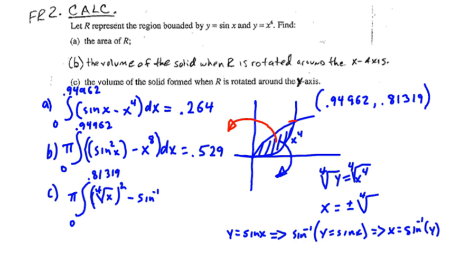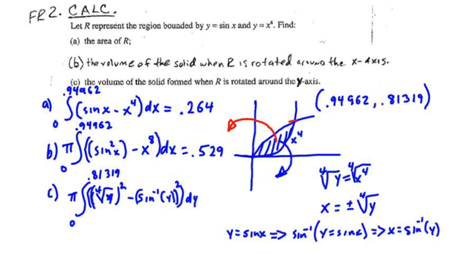Okay, I'm confusing the heck out of my viewers, okay? And so that's going to be y here, right? And the inverse sine of y, and we're going to be squaring both of those, and then we're going to have dy out here. And so this fourth root squared is going to be the square root when you take care of it.